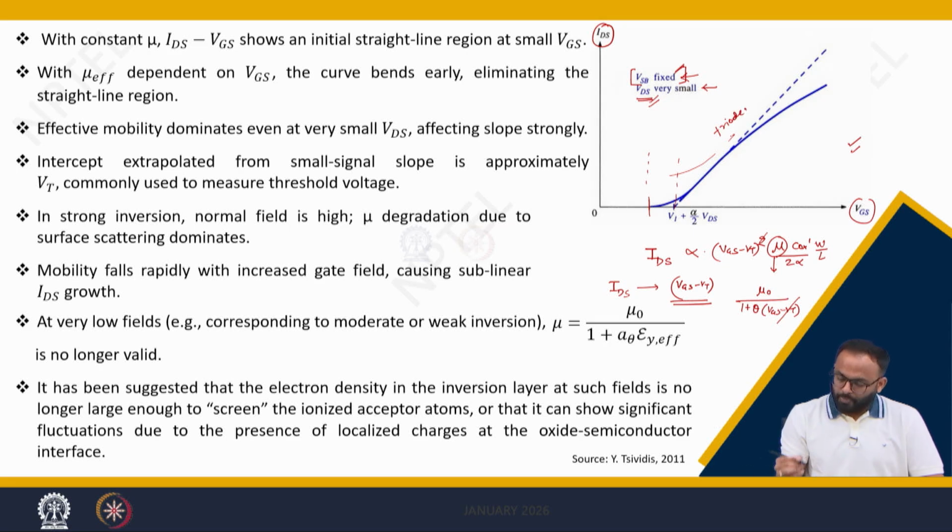As we see in the triode region, the current is approximately linear with VGS minus VT, which can be predicted by this dotted line. However, when you include the mobility effect, the current is somewhat lesser. So this is the significance of effective mobility, which we need to take care of when modeling the current equation.